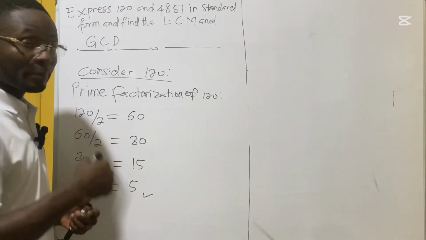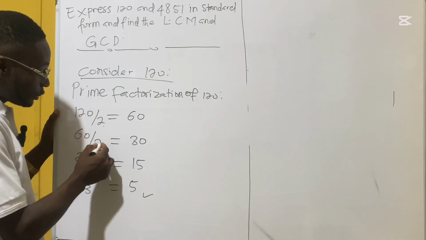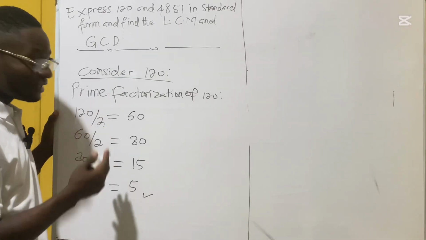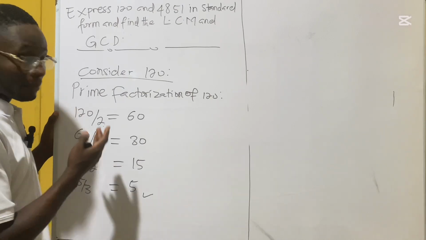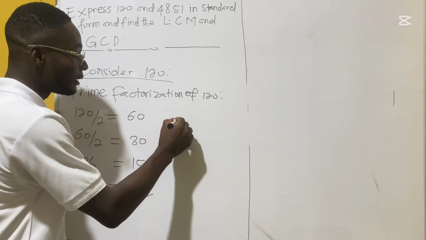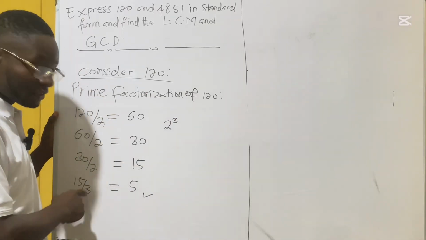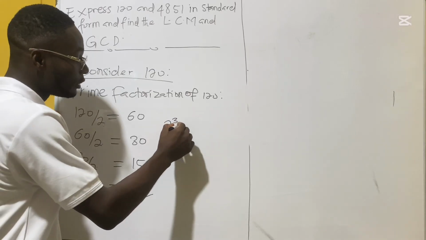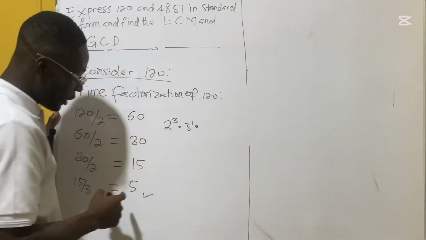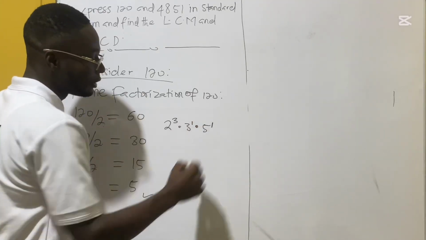So the prime factorization for 120 is going to be 2 power 3. We had 2 dividing 120 three times, so you're going to have 2 power 3. Then we had 3 dividing 15 once, so you're going to have 3 power 1, and then we had 5, so 5 exponent 1.